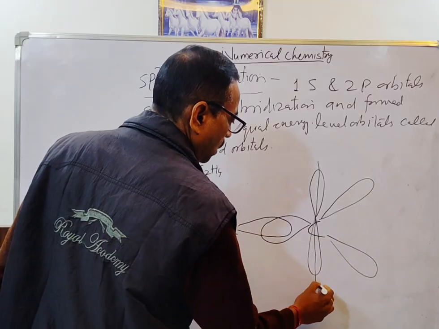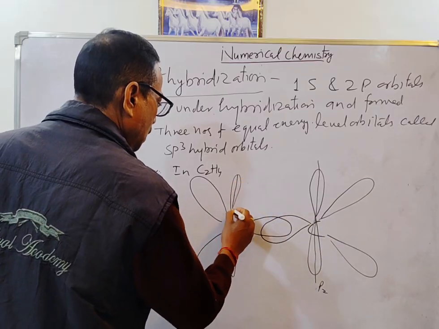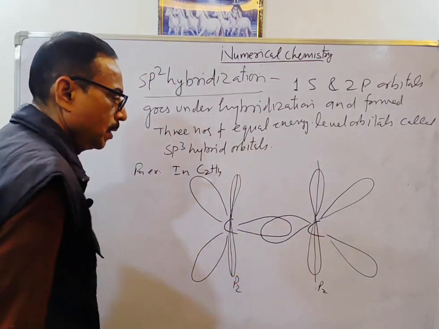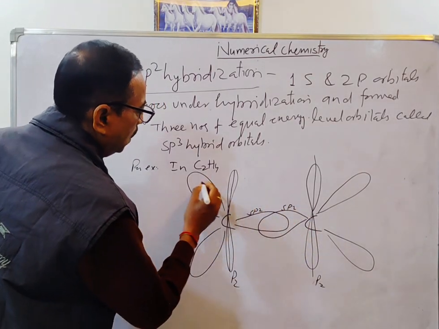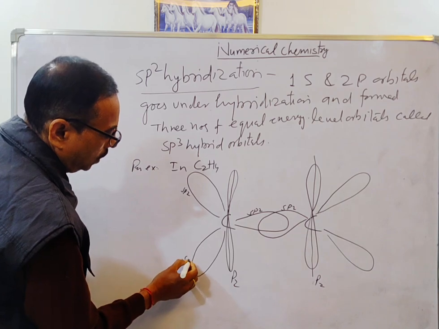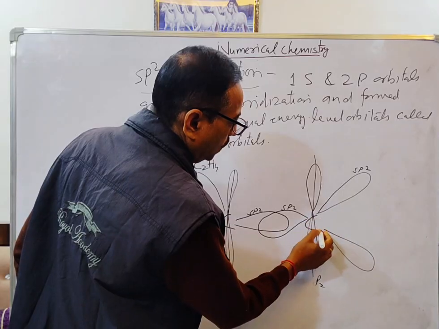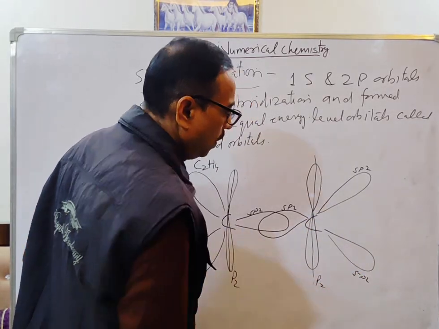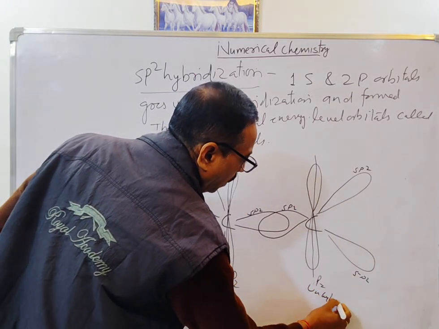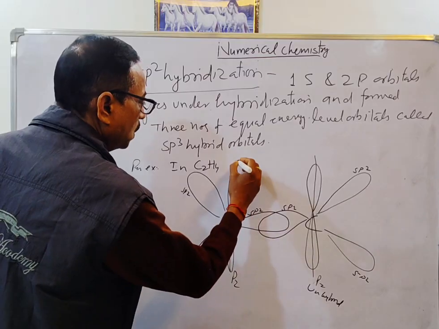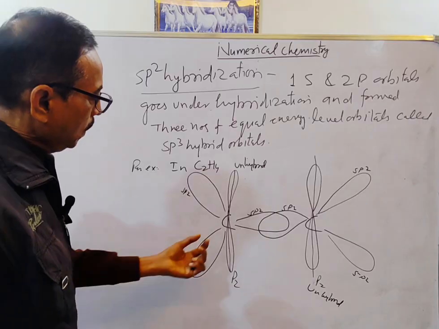Similarly here, pz is the unhybrid orbital. So this is sp2 hybrid, this is sp2 hybrid, and this one is also sp2 of the second carbon, and this pz is an unhybrid orbital.